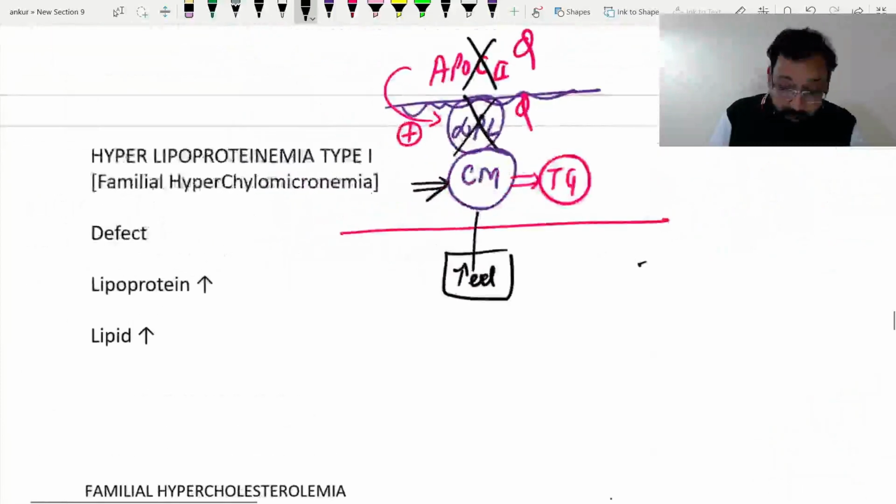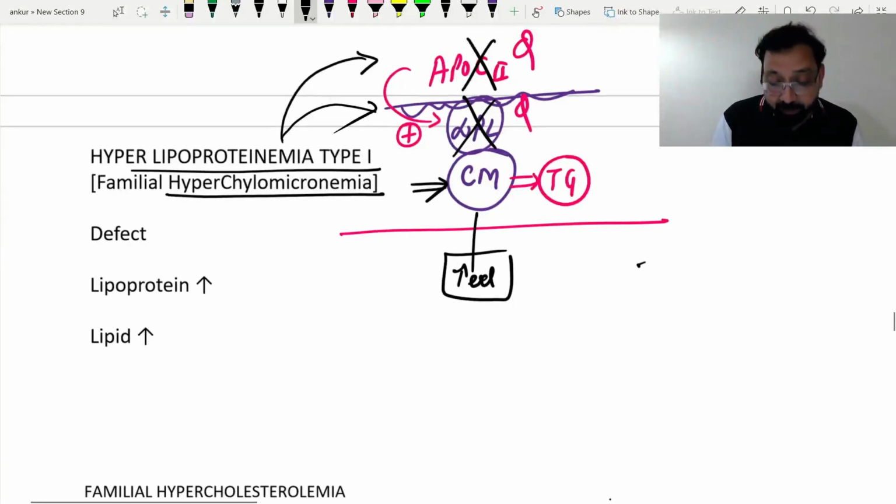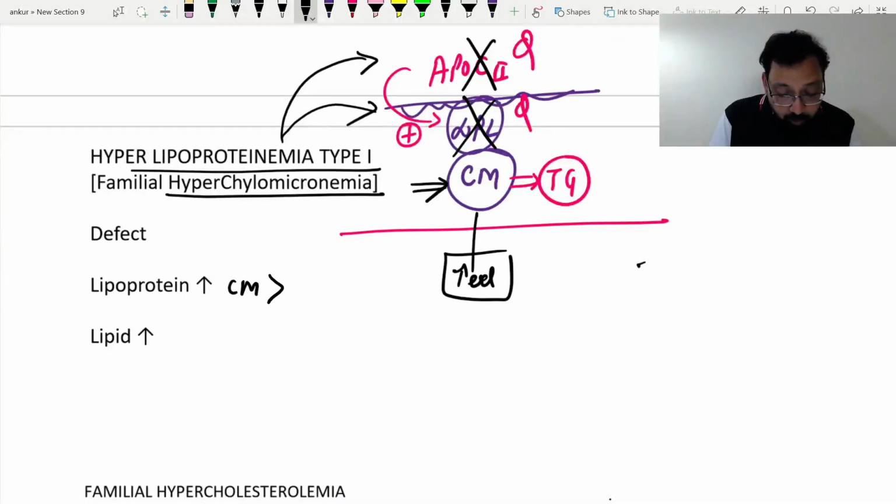So familial hyperchylomicronemia, or hyperlipoproteinemia type 1: ApoC2 is defective, lipoprotein lipase defect is there, chylomicron is increased, VLDL also increased, but chylomicron increases more than VLDL.